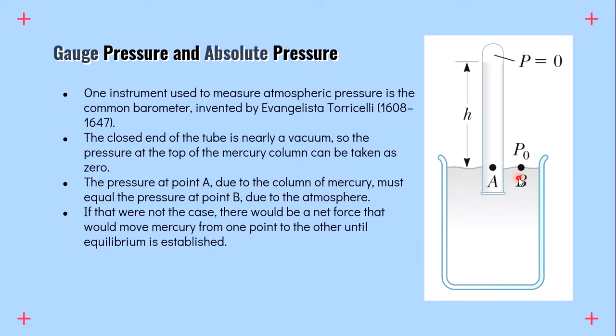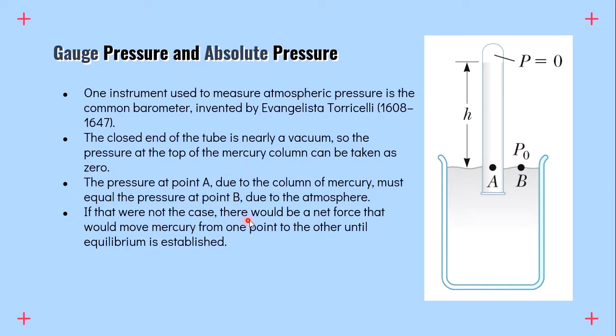In your high school physics, it is said that the pressure at the same level for the same fluid should remain the same, right? So the pressure at point A, due to the column of mercury, since they're the same fluid, must be equal to the pressure at point B, and the pressure at point B is due to the atmosphere.